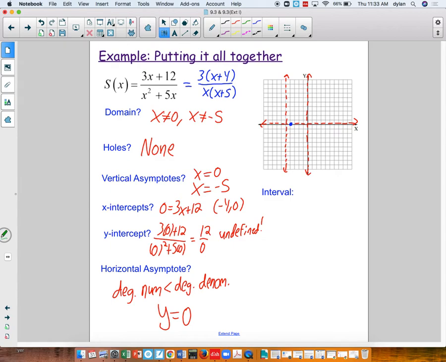And specifically, we're going to create what are called test intervals. So I'm going to create a three-part table here. So we're going to have a test interval.